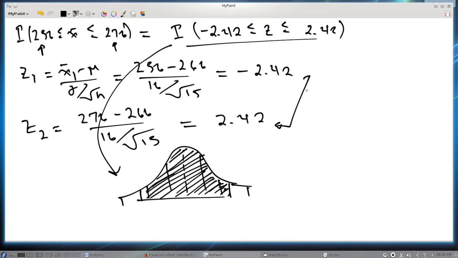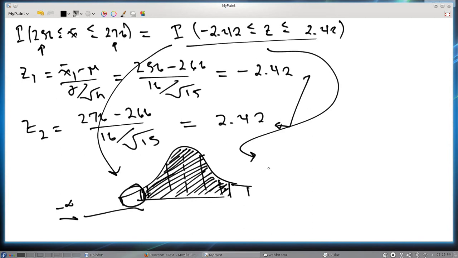The z table in the back of the book allows us to read a number from negative infinity all the way to a certain value. So we cannot really use our z table to do it directly, because this is a region that we try to exclude. So I'm going to split this into two regions.